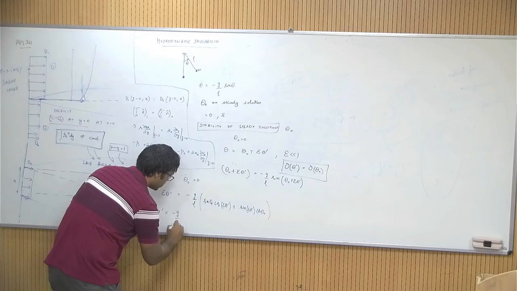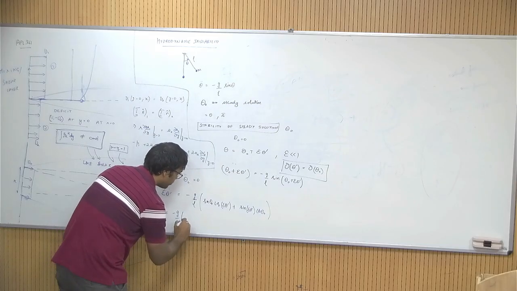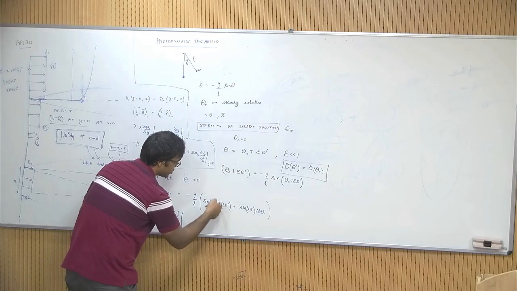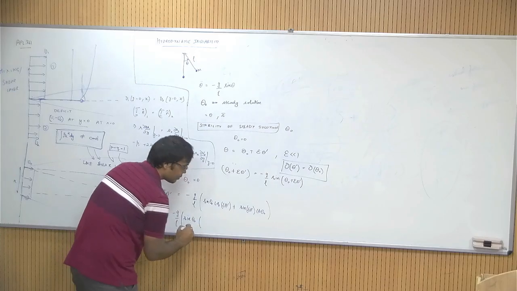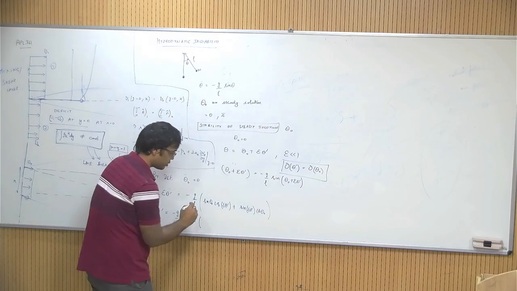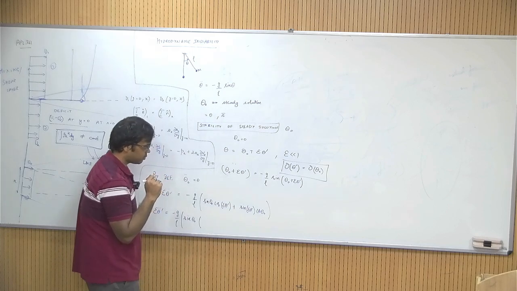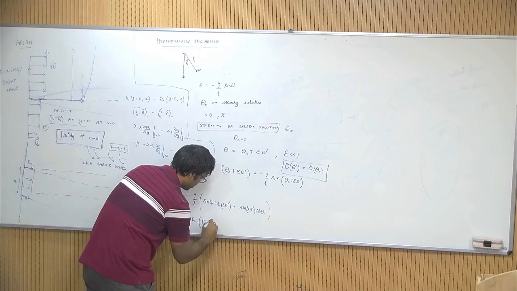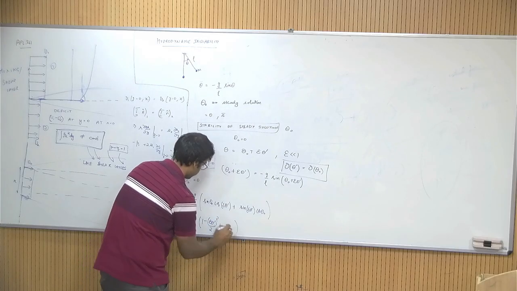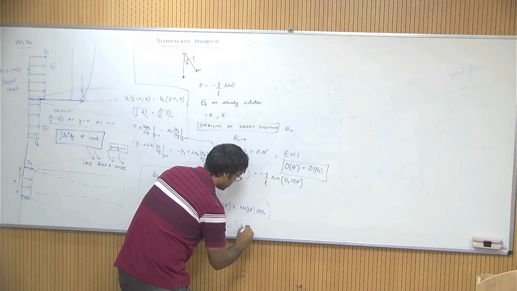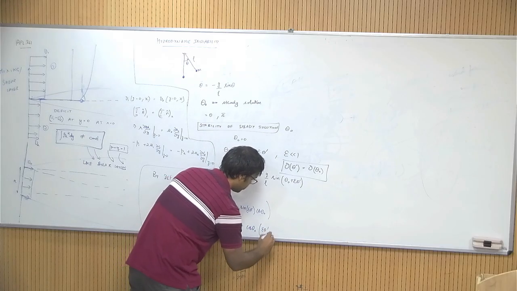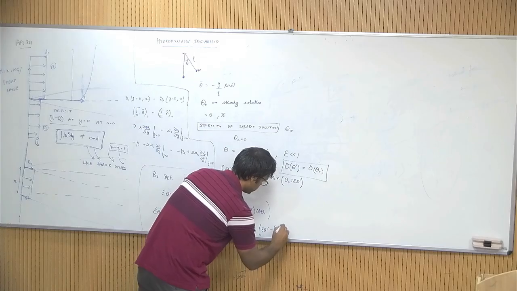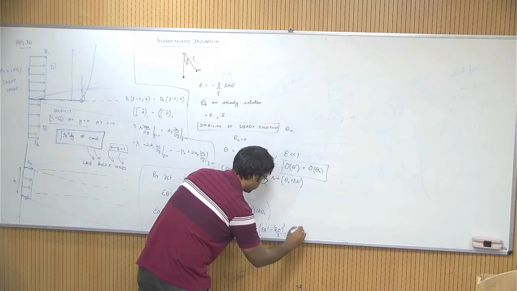What is the Taylor expansion of cos epsilon theta prime? Epsilon is much less than 1, so this is a small number. So what is the expansion of cos? 1 minus epsilon theta prime squared by 2 and so on. What about sine epsilon theta prime? Epsilon theta prime minus cubed by 3 factorial and so on.